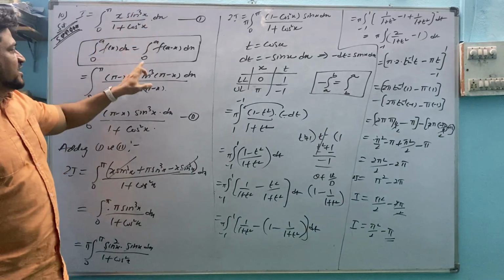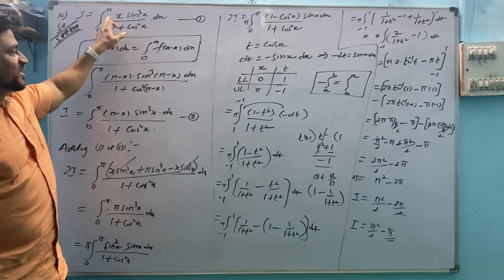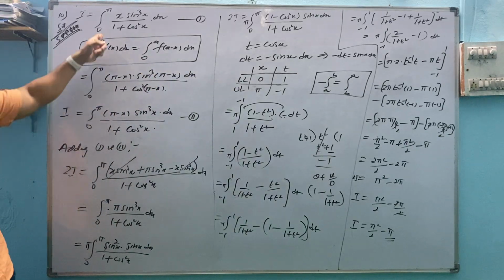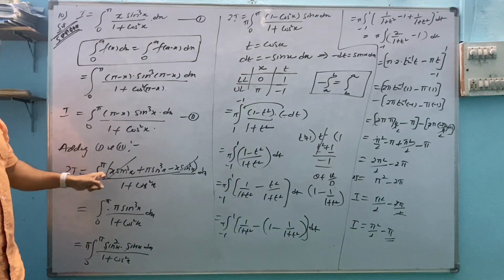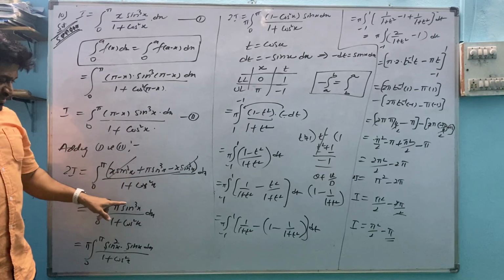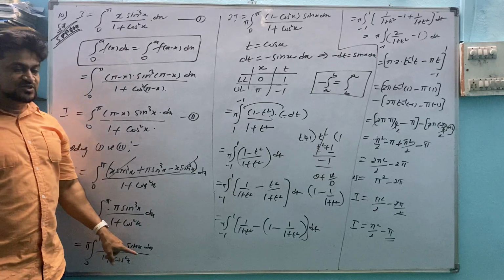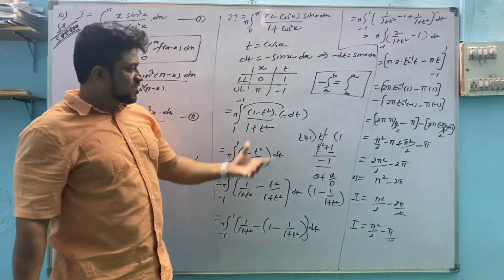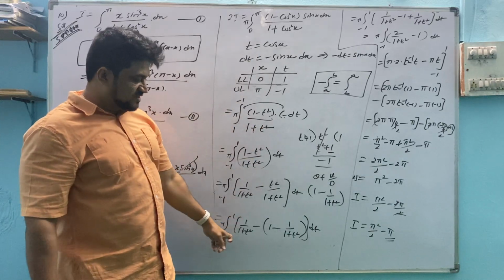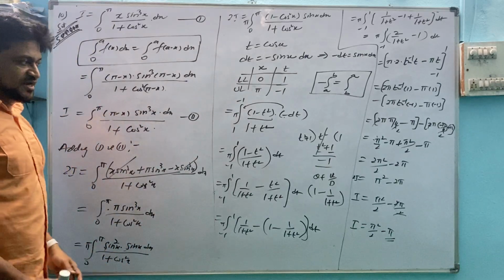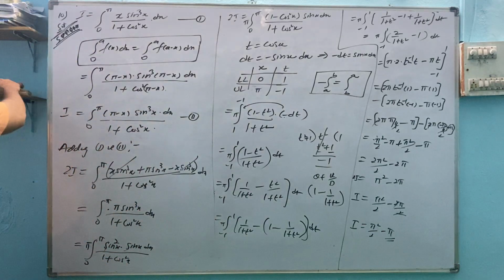Sine cube is there, we have to write 0 to pi, we have to apply the property. After applying the property, we find the denominator common, so we have added them. After cancellation, whatever is left, we find sine cube. Sine cube can be written as sine square into sine, and sine square can be changed as 1 minus cos square. Then t is equal to cos, substitution method. After division we have done the substitution, applying limits at the end. Follow it 2-3 times, you will get it.